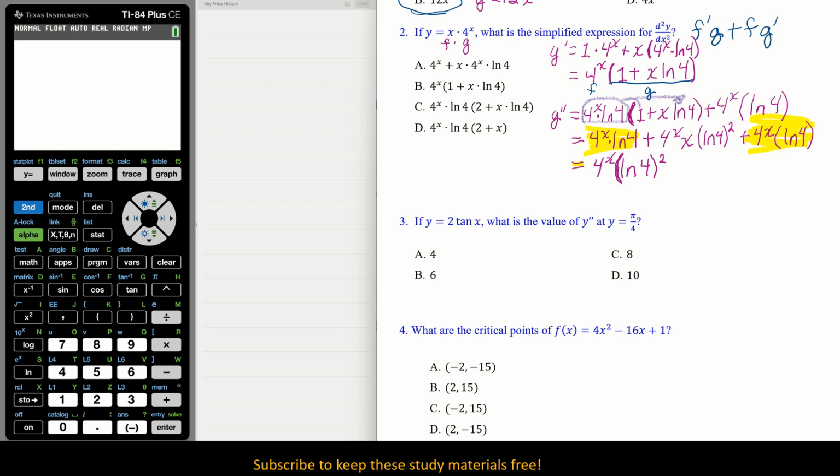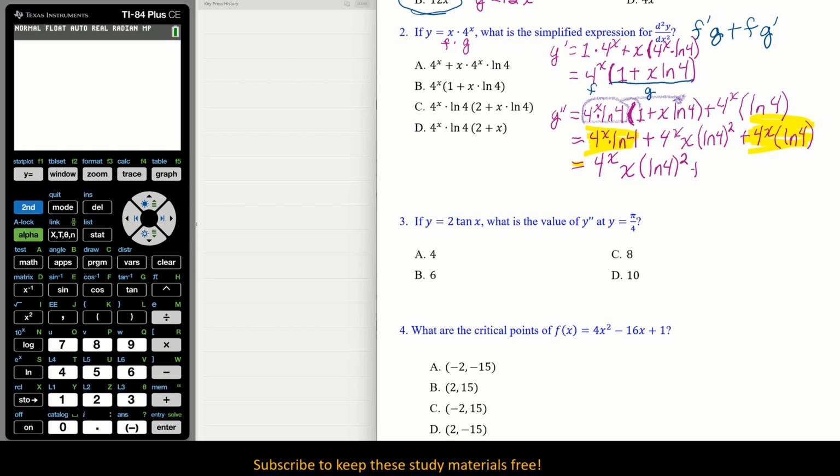Okay, so I bring out my x. Oh, never mind. I didn't write it correctly in the first place. The middle term, I want to bring it out and write it first. All right, let's see. 4 to the x power x, and then ln 4 to the second.